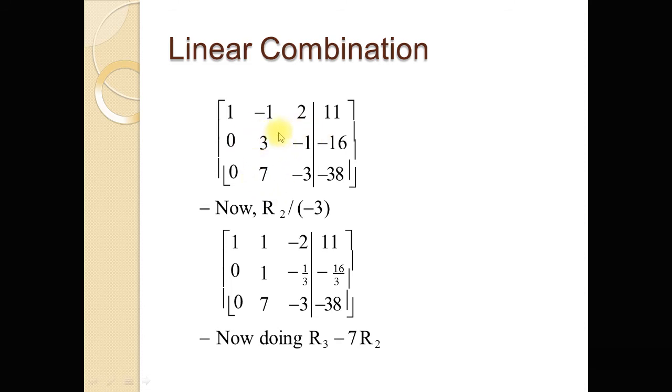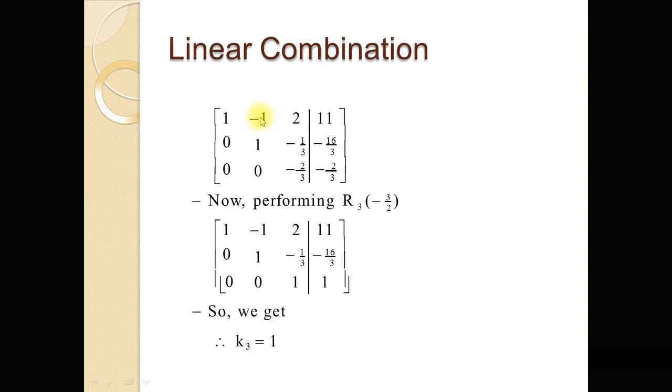Now this number will be 1, and below it will be 0. For this purpose, multiply the second row by 1/3. We obtain 1, -1, 2, 11; 0, 1, -1/3, -16/3. Now multiplying the second row by 7 and subtracting from R3, we obtain 1, -1, 2, 11; 0, 1, -1/3, -16/3; and 0, 0, -2/3, -2/3.